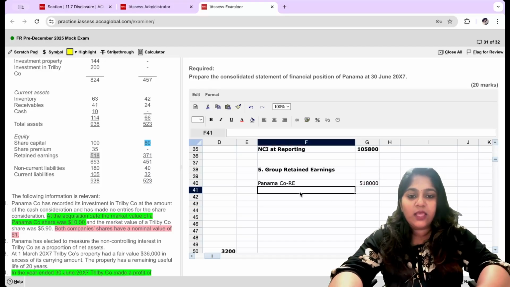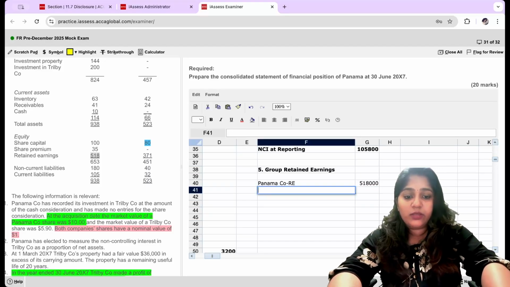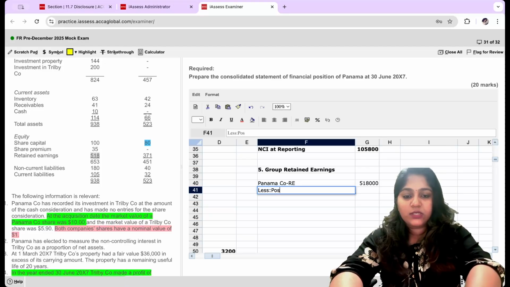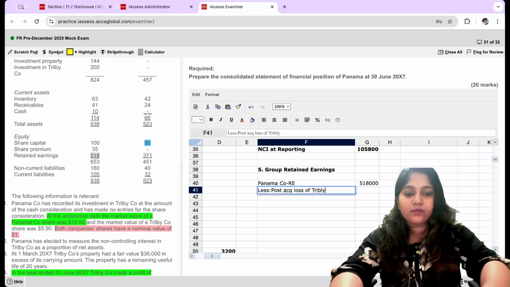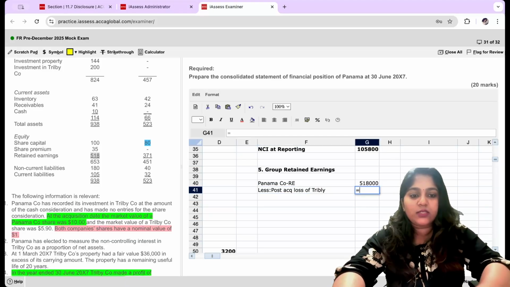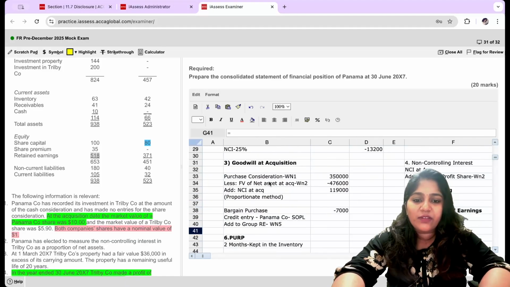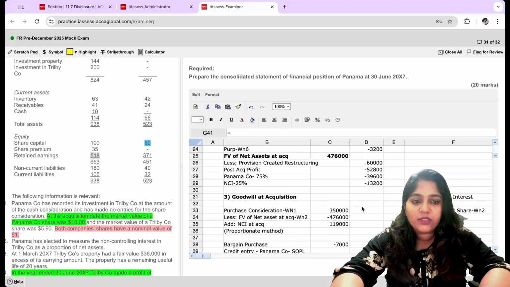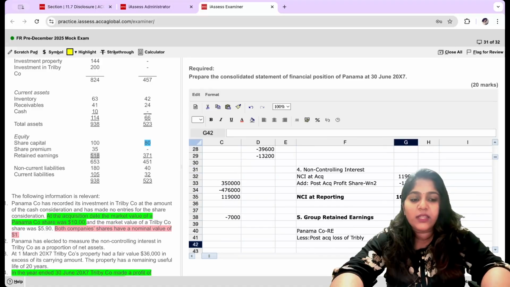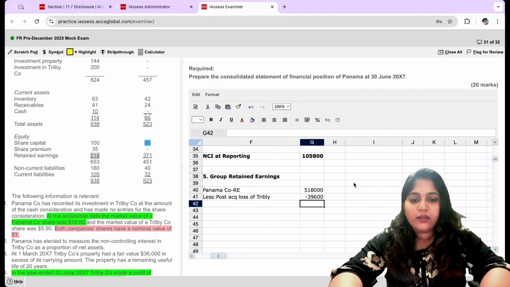Then less post acquisition loss of whom? Loss of AAA. How much is that? All you have to do is give the reference to whatever we have calculated. I don't think you have to do anything else. That is 39,600. I have gone ahead and done that.